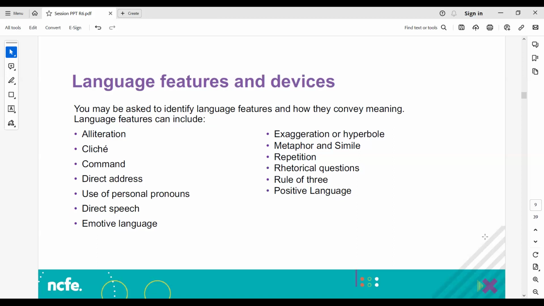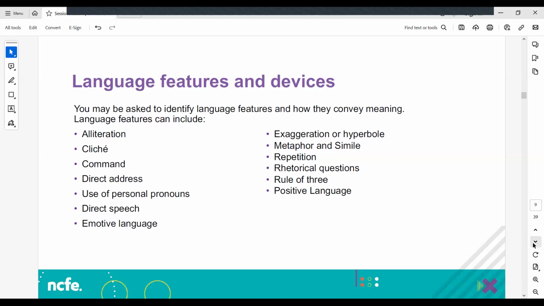So does anyone recognise any of these either from the video or because you've come across them before? You're not sure? Okay, fine. We're going to look at them in detail anyway, but I just wanted to know if anyone recognised any.